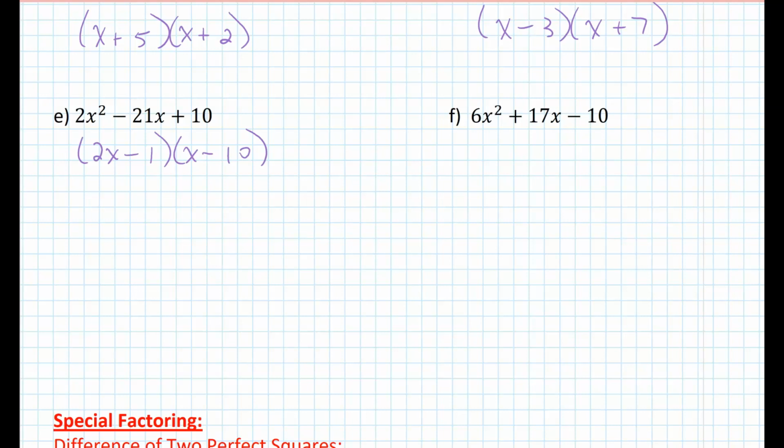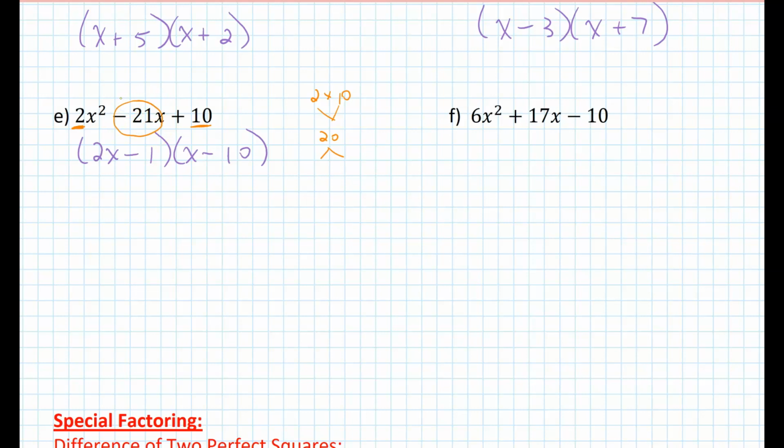Okay, so what we do is we're going to take our A term and our C term, and multiply those two together. So 2 times 10, and we get 20. Then with that 20 we find factor pairs that add up to our middle term, negative 21.